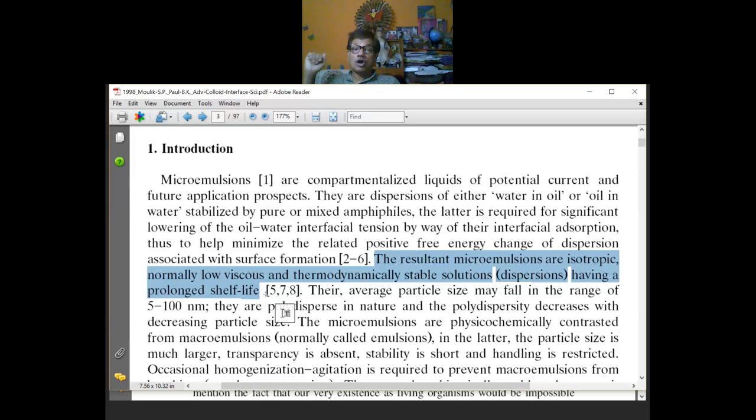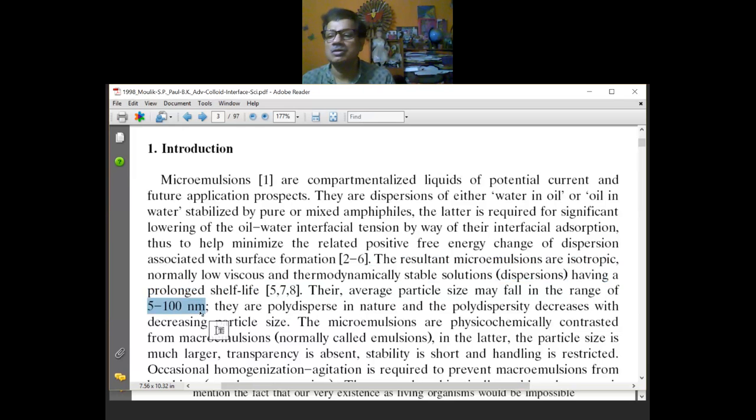They have a prolonged lifetime. What would be the size? As I told you, the size would be around 5 to 100 nanometers. They are polydispersed in nature. When the size is bigger, there would be heterogeneity, meaning some are bigger, some smaller, some medium in size.